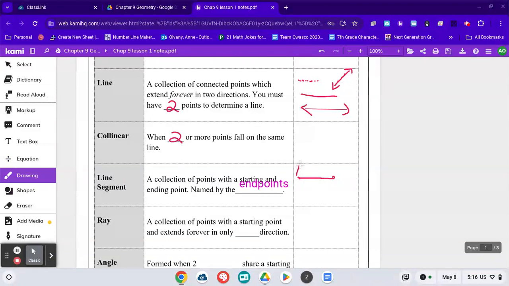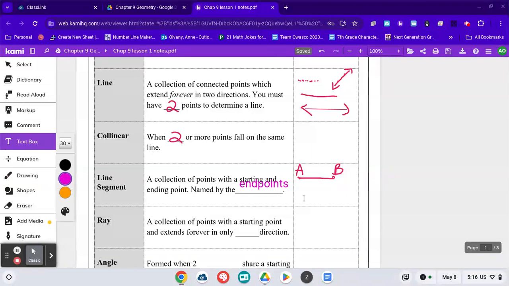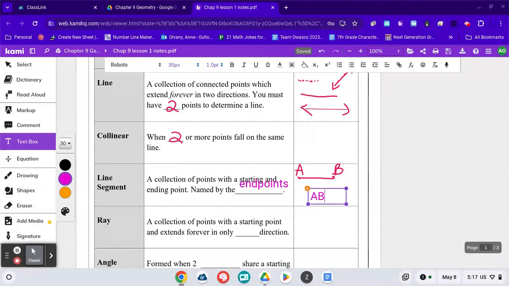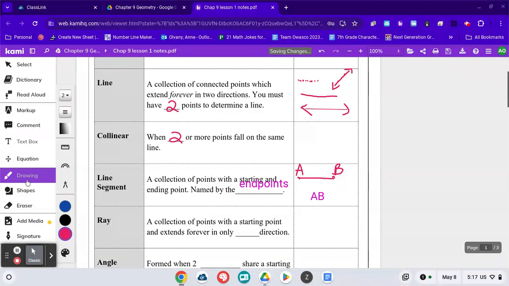I can name this point A and this point B. So we're going to name this line segment AB. It looks like this. And then you put a little line segment symbol on top of it, and that's how you would name line segment AB.